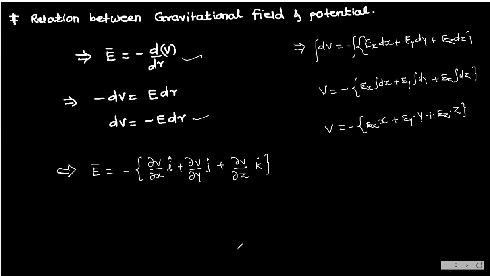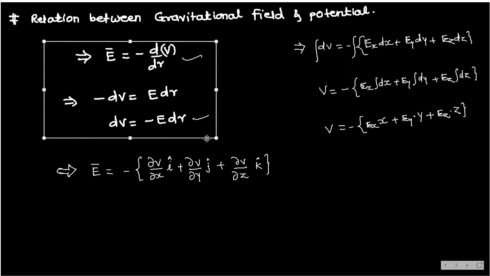This is very, very important. This is for E, this is for V. Okay now? Clear? Understand, now a limit is given. If he has given limit, dV from 0 to R should be equal to minus of E dr from 0 to R. Right? Yes? Now one problem we will solve.